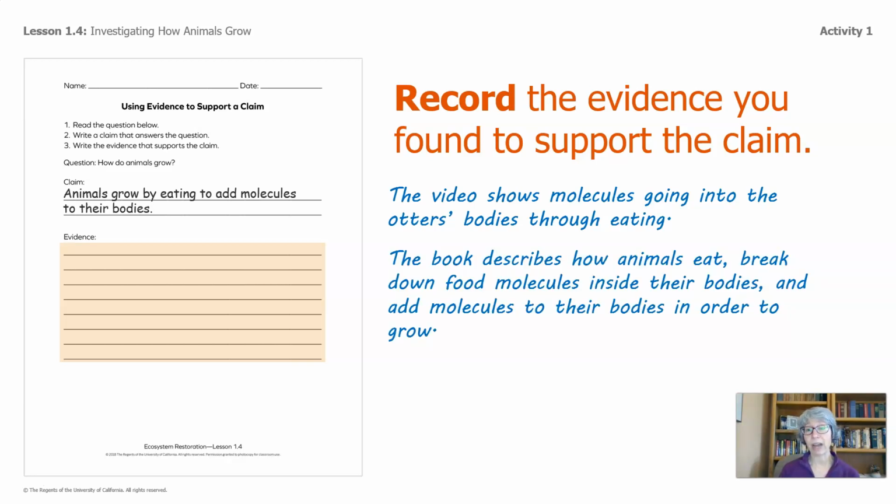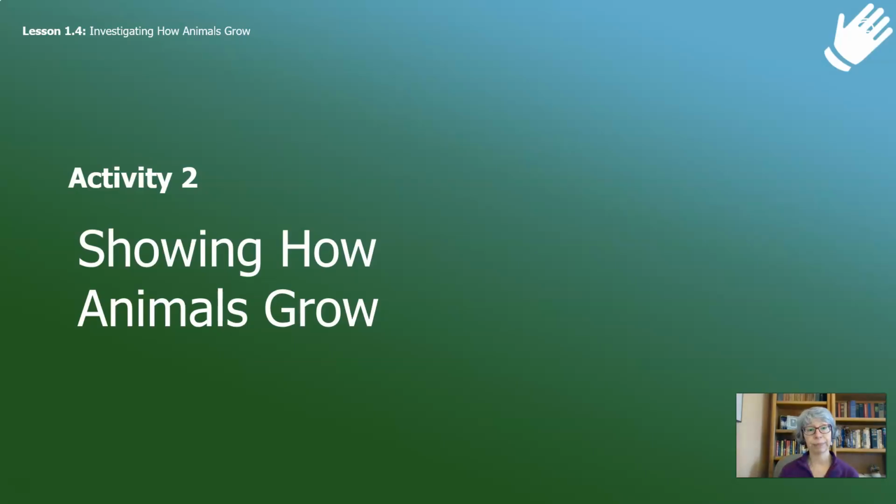The book describes how animals eat, break down food molecules inside their bodies, and add molecules to their bodies in order to grow. If these are some of the ideas that you've gathered, write it down in the evidence section. That'll help support the claim that animals grow by eating to add molecules to their bodies.